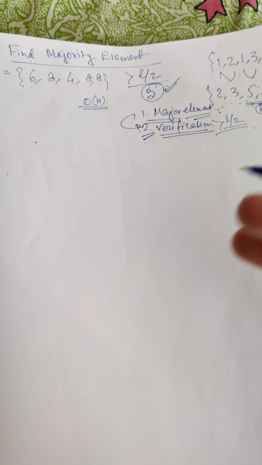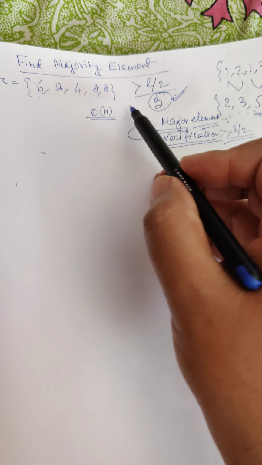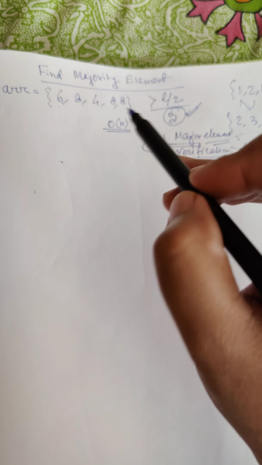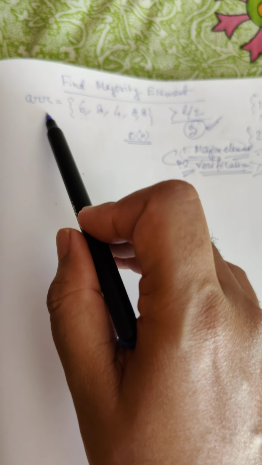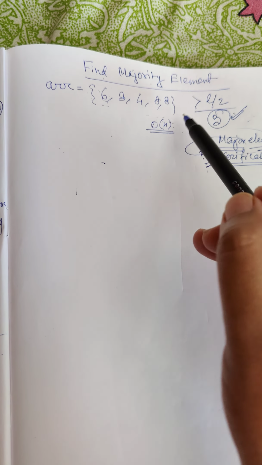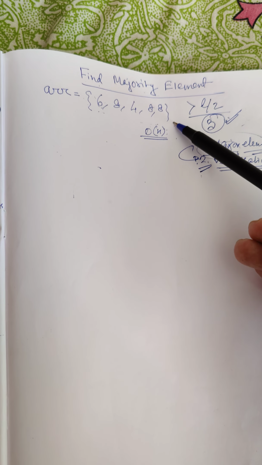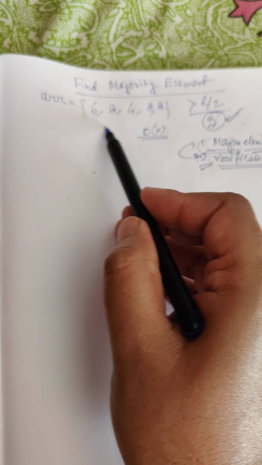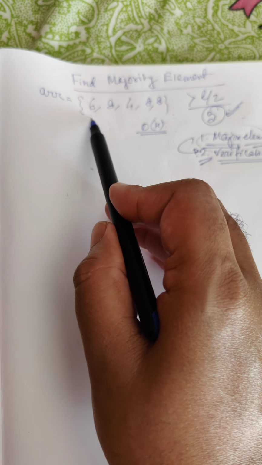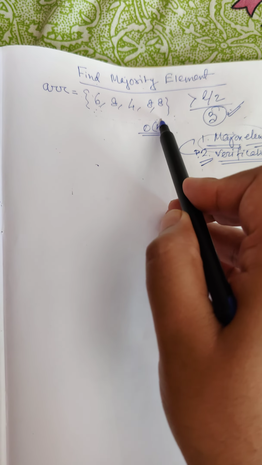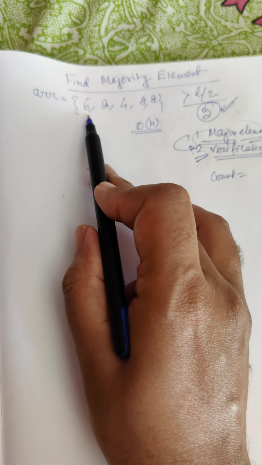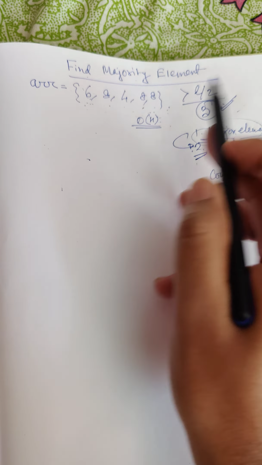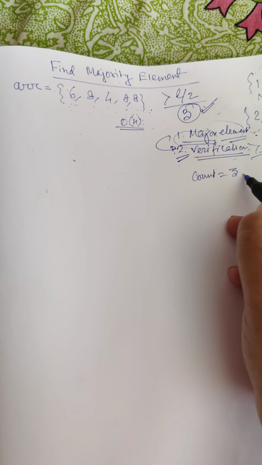So let's talk about the verification part first. Suppose we got an element 8 through the first part, that for this array 8 is going to be our majority element. Now if we iterate this array from i equal to 0 to n and find the count, we can see 8 appears 3 times.